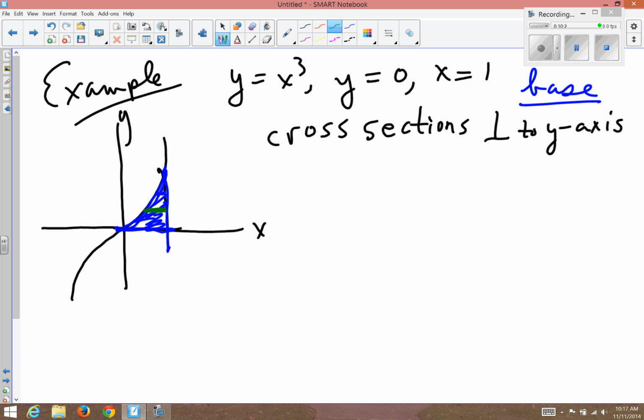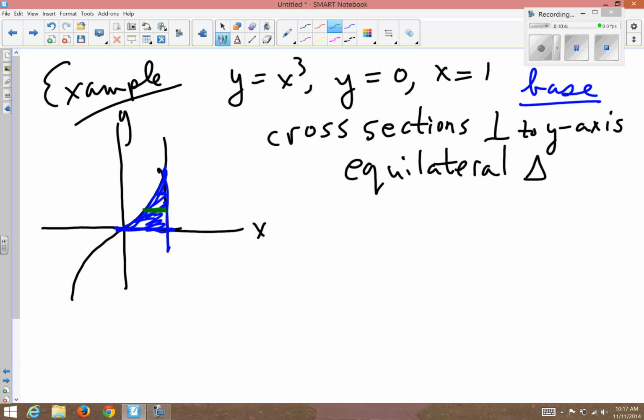This green slice is a cross-section. The problem says the cross-sections are equilateral triangles. Cross-sections perpendicular to the y-axis, each of them is an equilateral triangle. So this is the base of the solid. This is a cross-section.